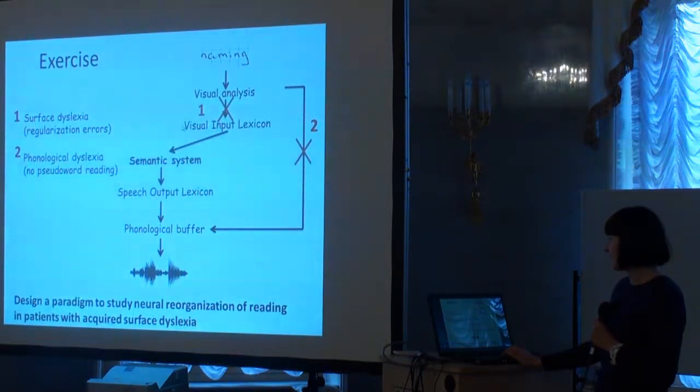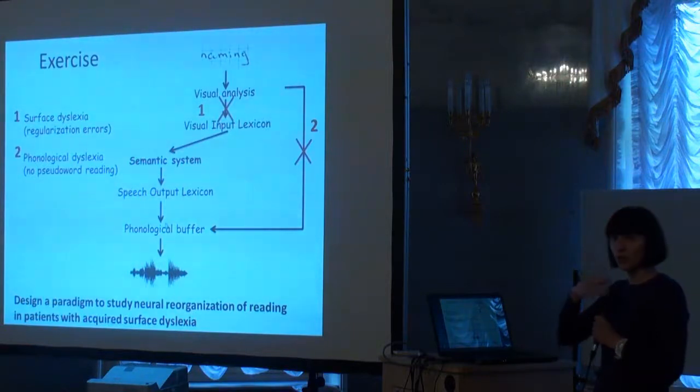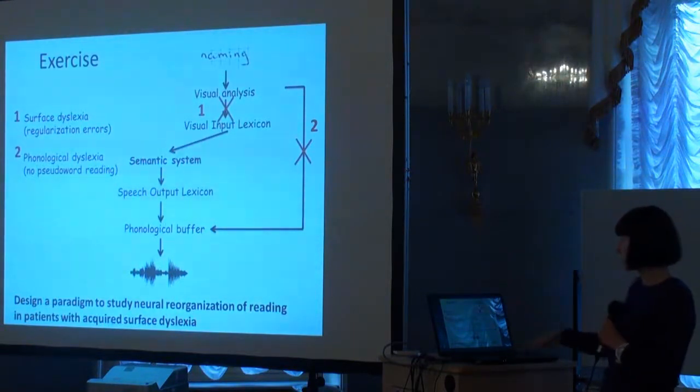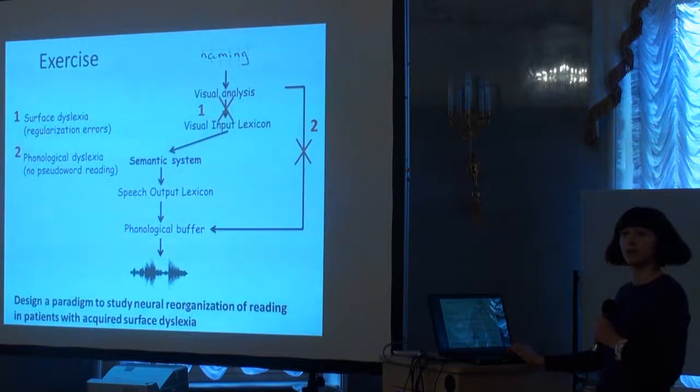Then you should find the corresponding word in your visual input lexicon. Then it goes to the semantic system where you understand what's written. And then it should go to the speech output lexicon, which in this model is modeled separately. And then it goes to the phonological buffer where all phonemes go into sequence and you produce an acoustic signal.